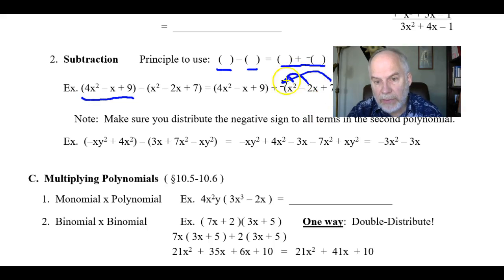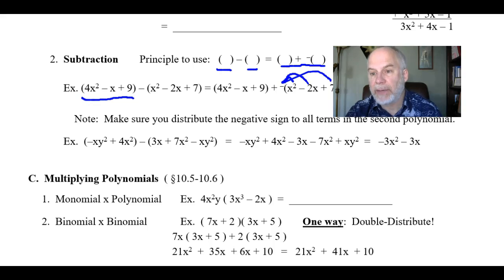But we're going to distribute that negative sign to all three terms, or all the terms in the second parentheses. So that'll become negative x squared, positive 2x, and negative 7, as I have over here. So now it's changed into an addition problem.